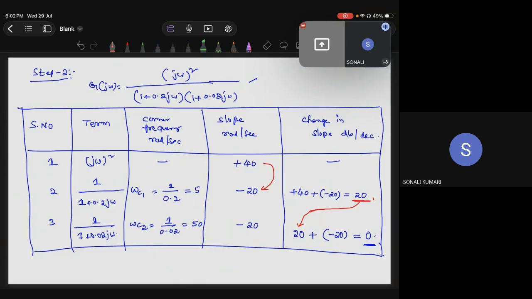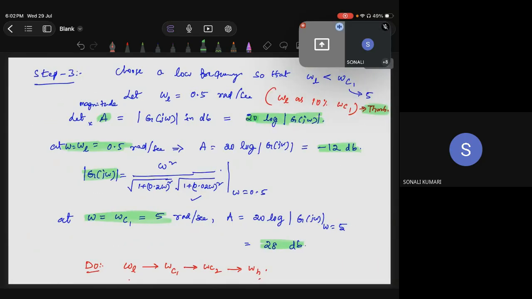No, sir. Okay, so in step 3, you have to choose omega L, which is just 10% of omega C1. Here omega C1 is 5, and 10% of that is this. At that, we are calculating A. Similarly, at omega C1 also, we are calculating A. This is minus 12 and this is 28.